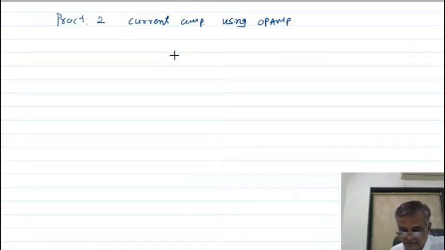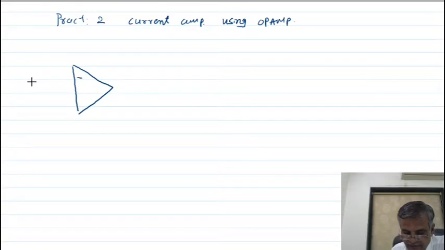Here I am showing you the circuit diagram of a current amplifier using op-amp. See, this is the operational amplifier. Here at the input section I am connecting the power supply of 5 volt.